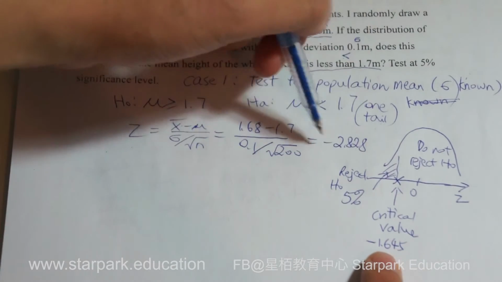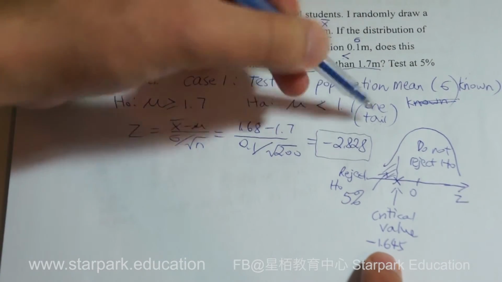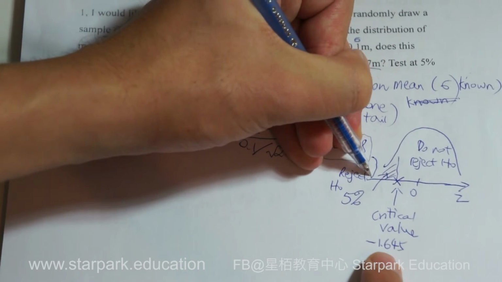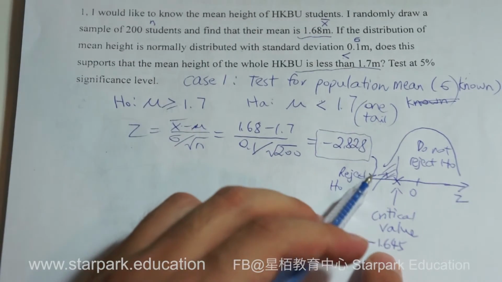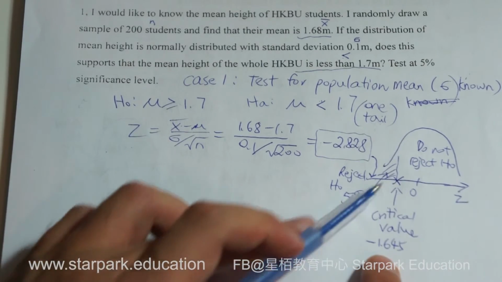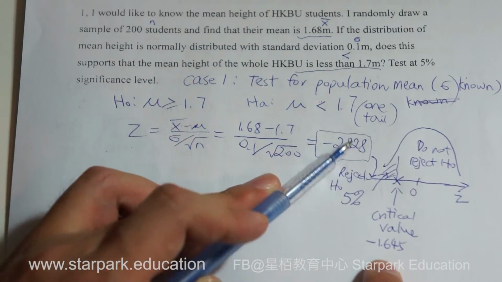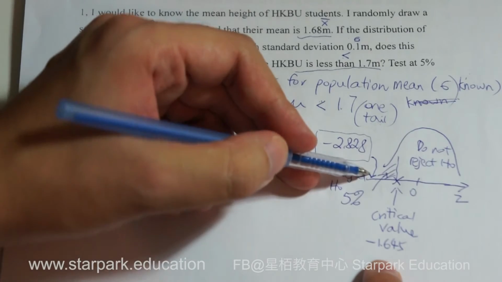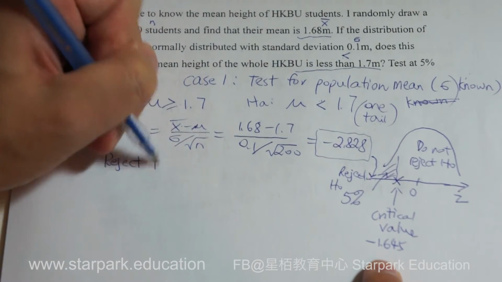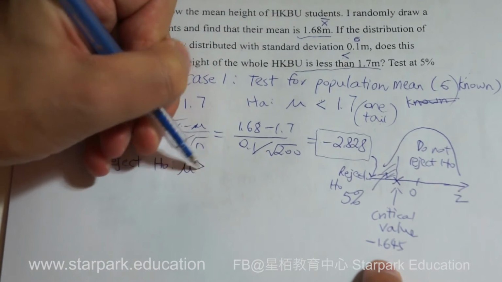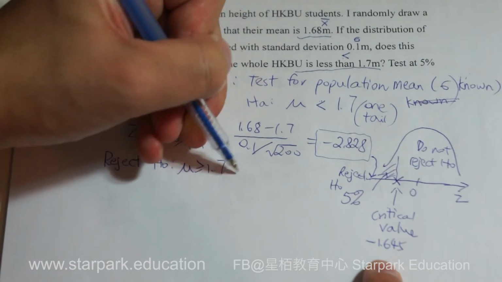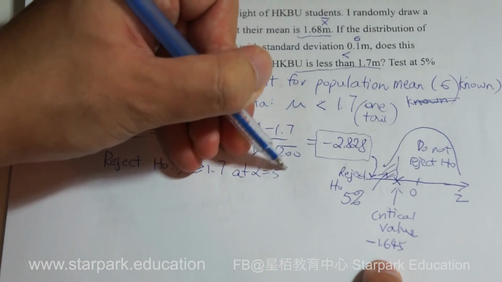And then if we go back to the test statistic, minus 2.828 is on the left. Because this is the negative side and this is the positive side, of course minus 2.828 is in the rejection region. So that's why in the conclusion we will reject the null hypothesis mu larger than or equal to 1.7 meters at alpha 5%.